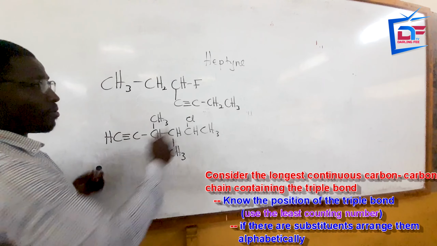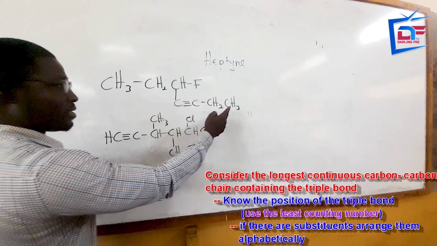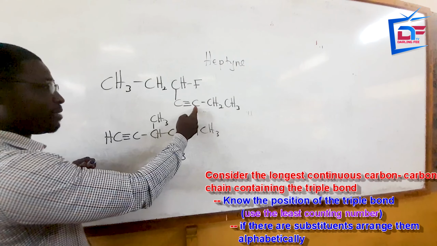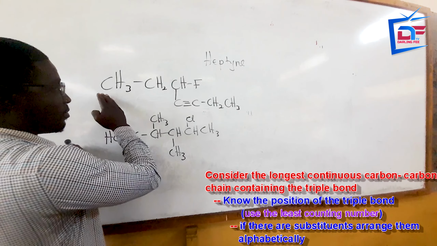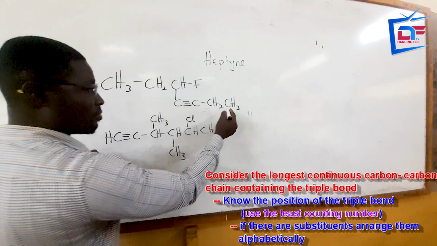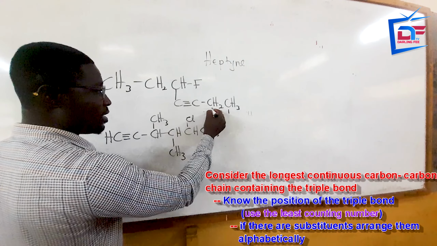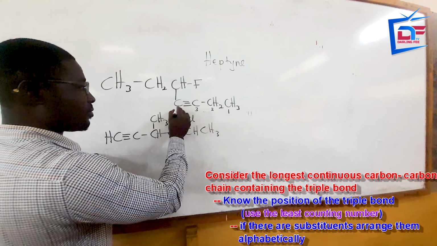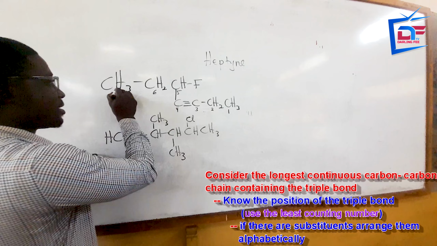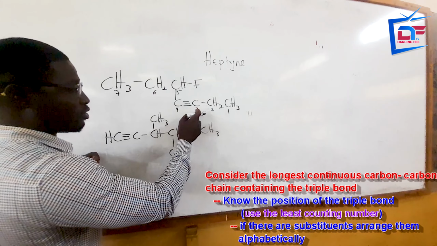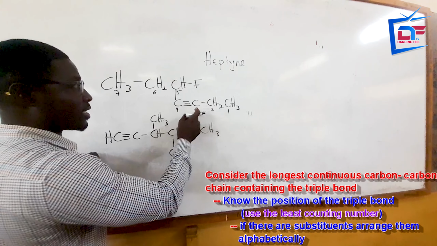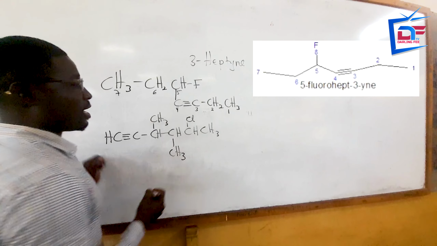But let's count from right to left. 1, 2, 3, and we are meeting the triple bond. So instead of counting from left to right, we can start from right to left, 1, 2, 3, 4, 5, 6, 7. The triple bond is on the third carbon, so 3-heptyne.